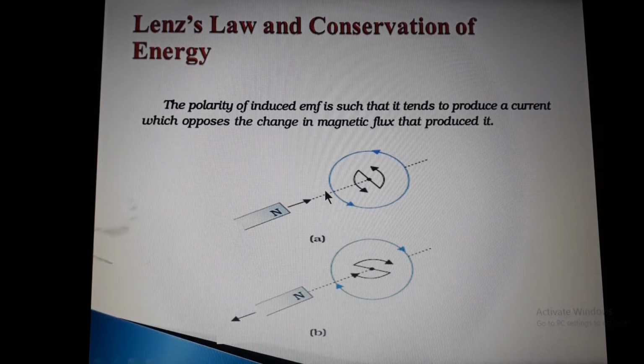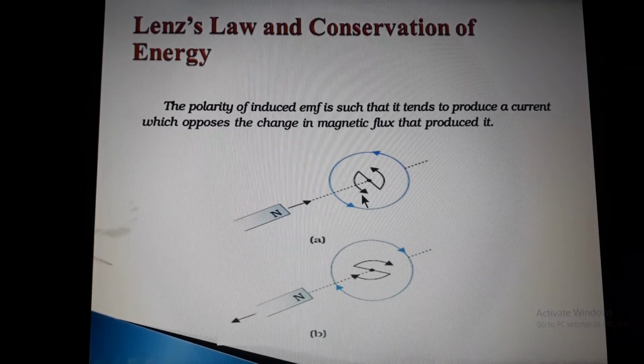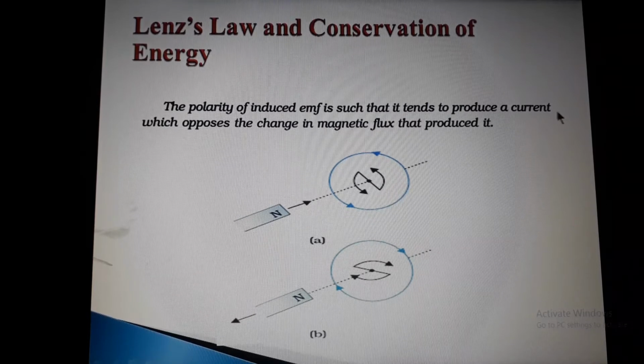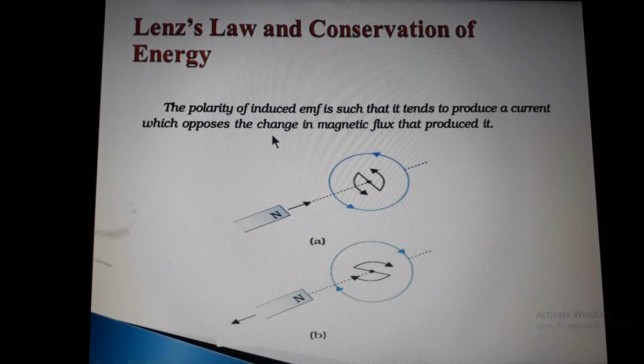Due to that increase, some current flows, but the tendency is to produce a current which opposes the change in magnetic flux.